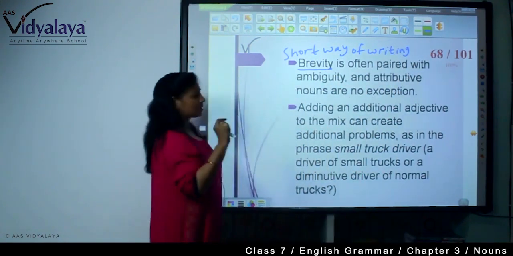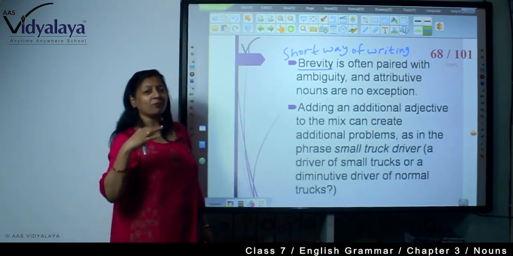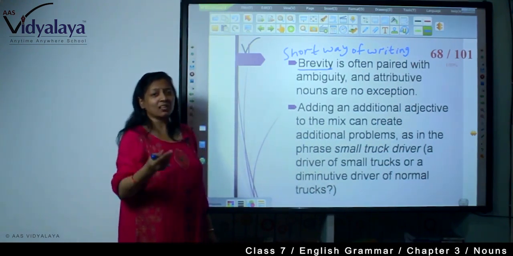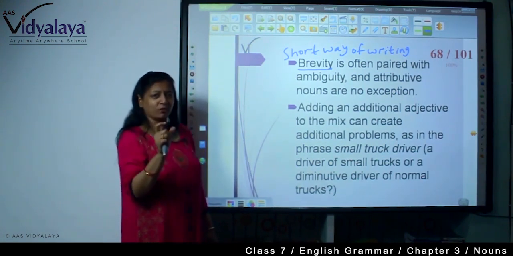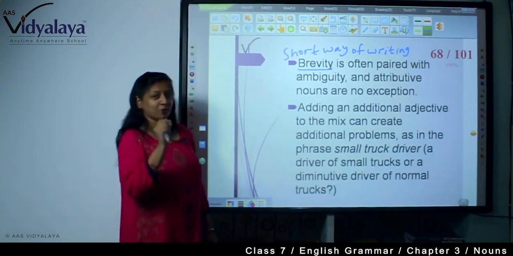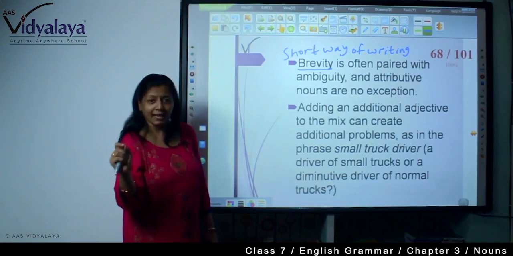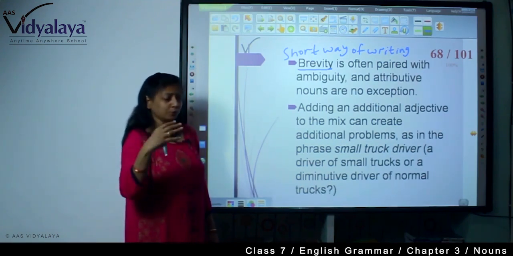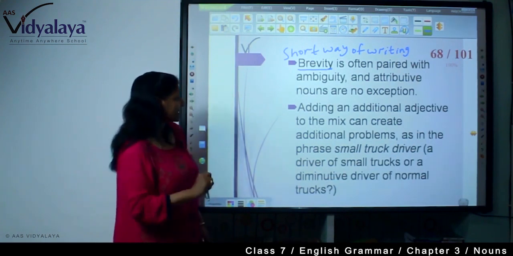So when we write in a short way, we always have a chance of having two meanings for the same word, so it always creates confusion. So you will have to be very careful about what you want to express. Be clear in your meaning.